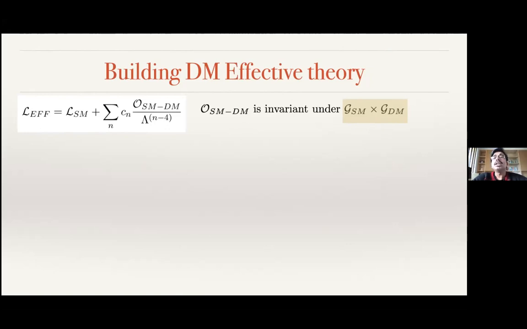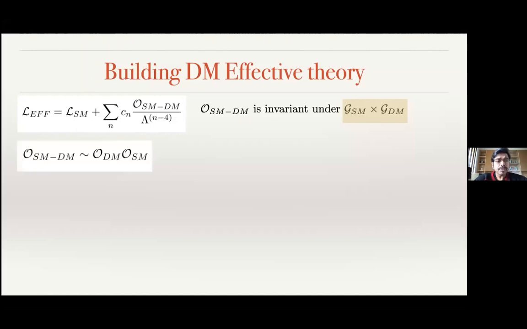And of course, depending on the mass dimension of this operator O_SMDM, we have to adjust the mass dimension to 4 by having Lambda with appropriate powers of n-4. So if the dimension of this operator is n, then it has to have a suppression by Lambda to the power n-4. And the C_n are essentially the dimensionless couplings, which sit up front, and these are usually called Wilson coefficients.